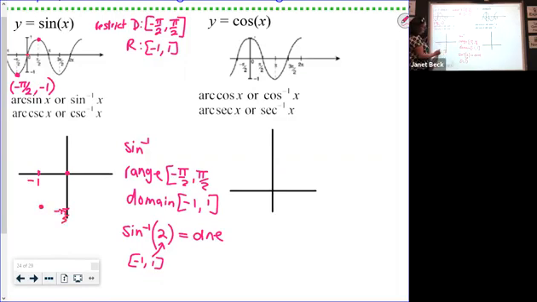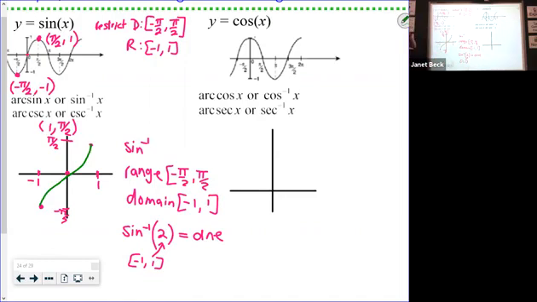So we've got this point here, and then this upper point here, the x value is pi over 2, the y value is 1. That will become the point on this graph, 1, pi over 2. So we need to go from 1 on the x-axis to positive pi over 2 up here. This is what the graph actually looks like.